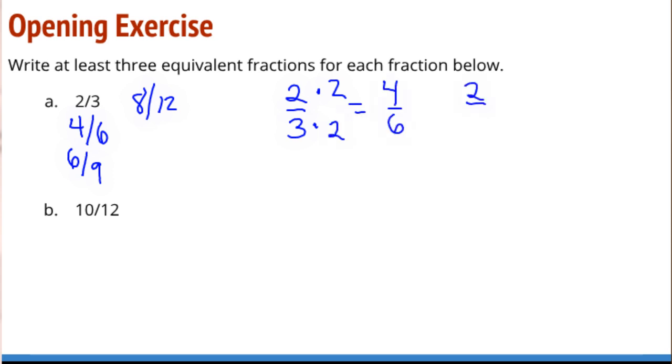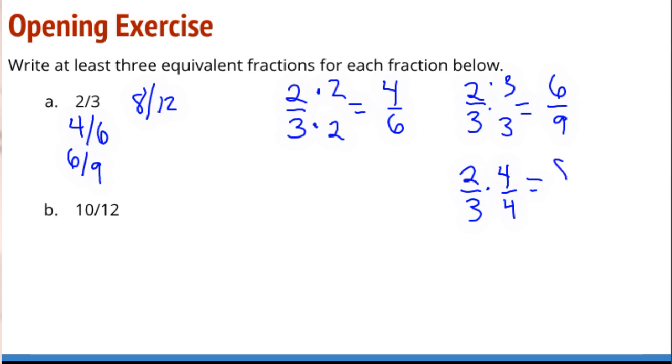And I've got 2/3, and I multiplied each of the parts by 3, which gave me 6/9. And I've got 2/3, and I multiplied each of the parts by 4, and I've got 8/12. So we build equivalent fractions by making equivalent ratios using scaling, multiplying the two parts by the same factor.